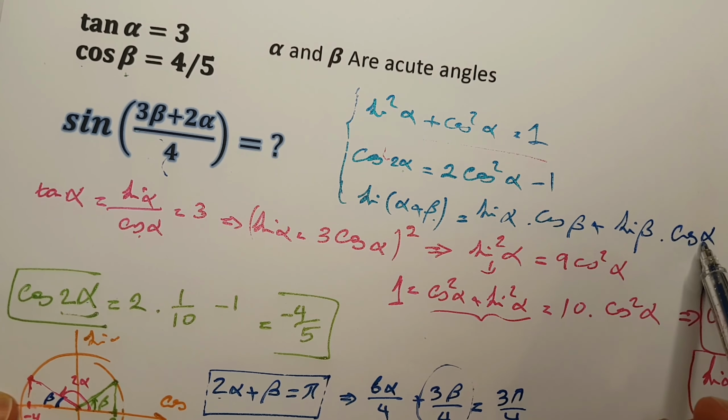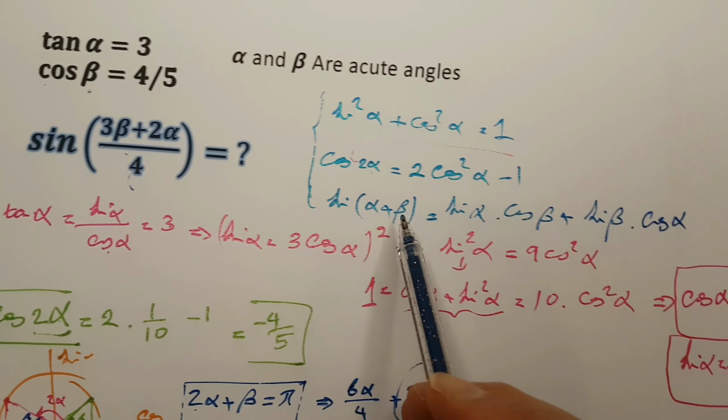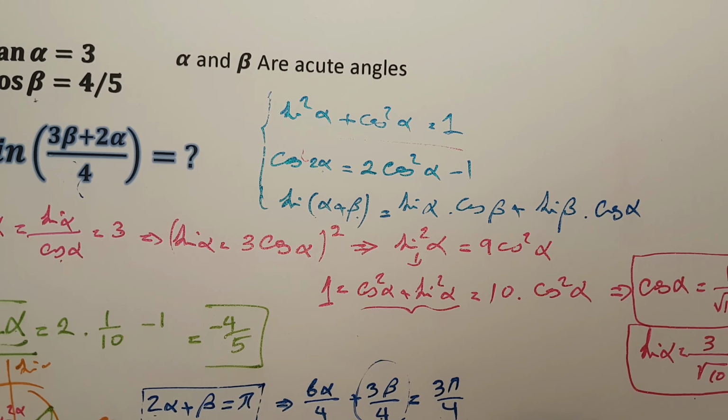Then from this trigonometric relation of the sum of two angles, we can easily calculate this one.